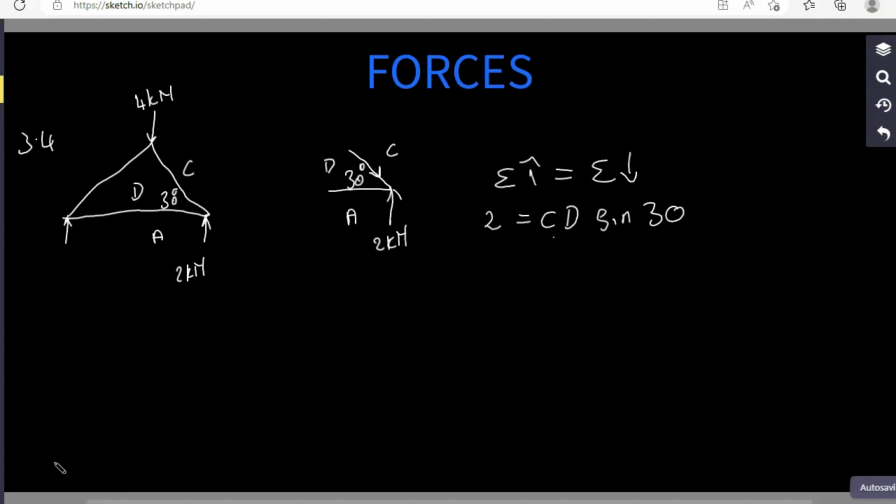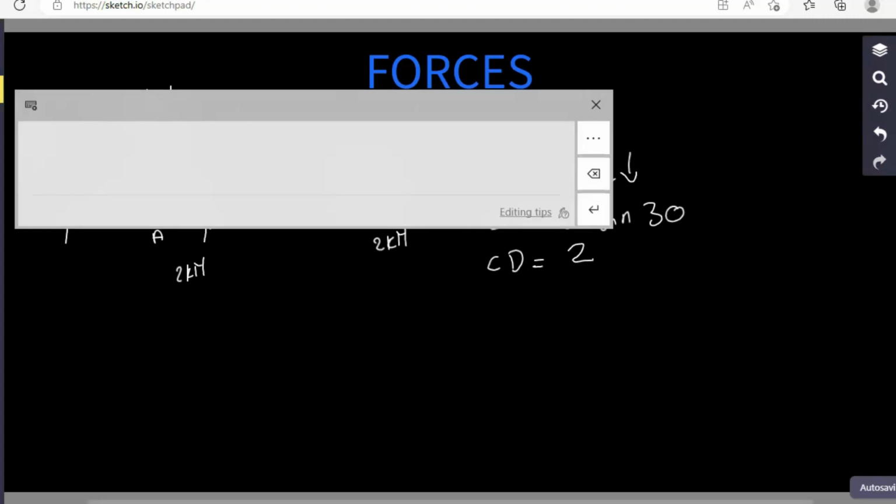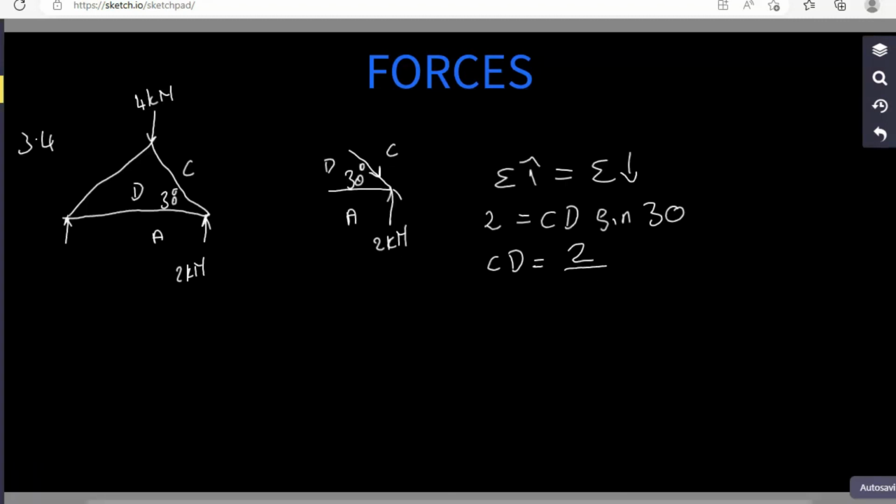We are looking for CD, therefore CD is equal to 2 divided by sine 30, which will give us an answer of 4 kilonewtons.